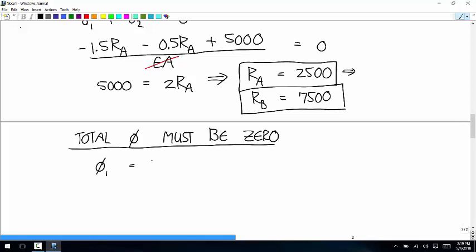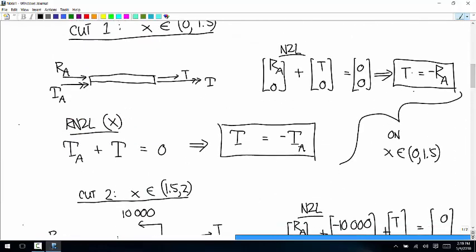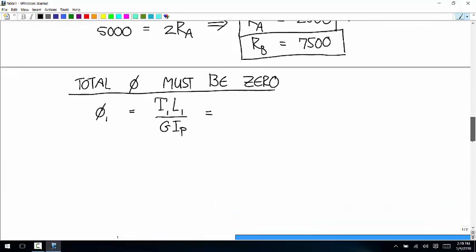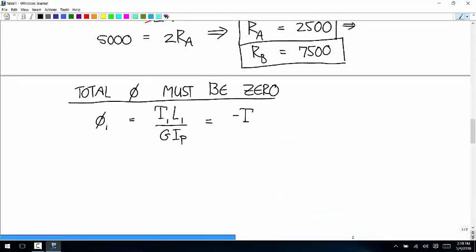Phi1 is equal to the torque on section 1 times the length of section 1 divided by G times I sub P. On that first section, go to cut 1, and the torque is equal to negative torque A. And the length is 1.5.